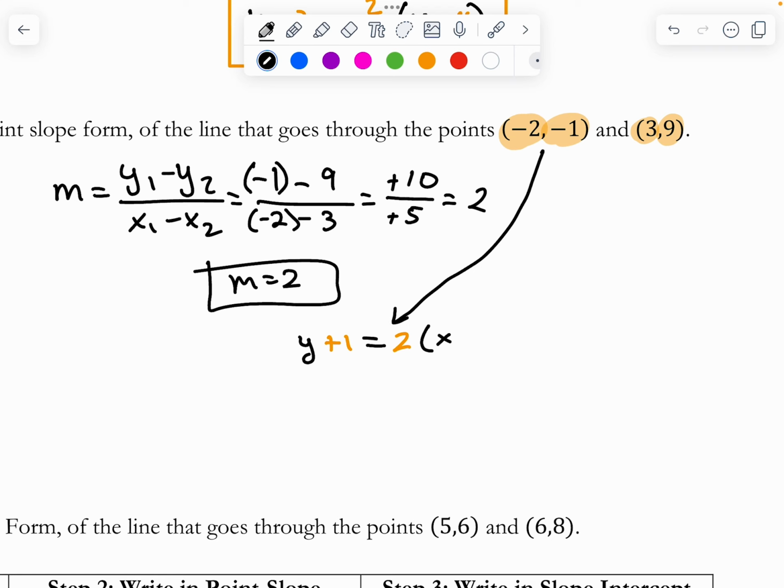X, and let's go ahead and close this. And let's see what goes in for my x1. My x is negative 2, so we're going to write positive 2. And that's it. That's my answer. We're done here with this one. Boom.